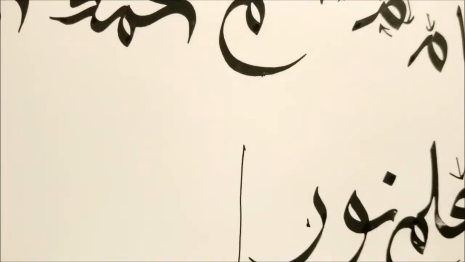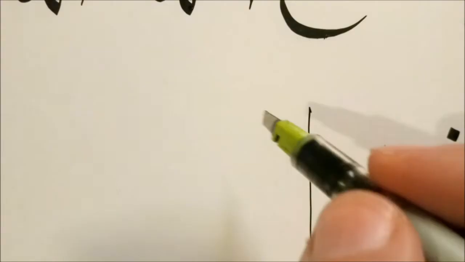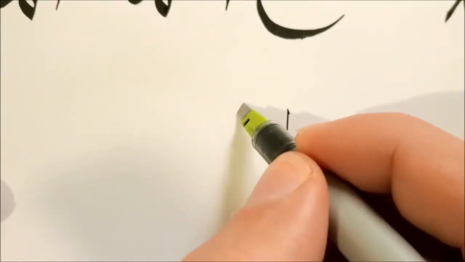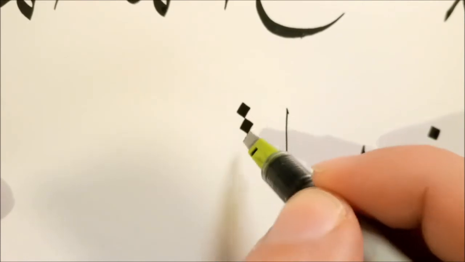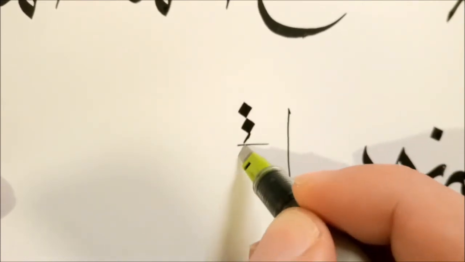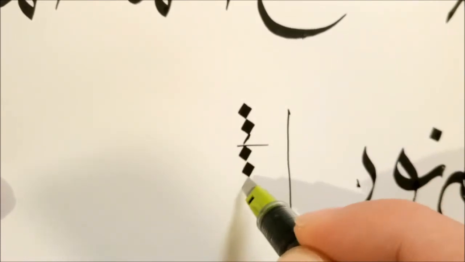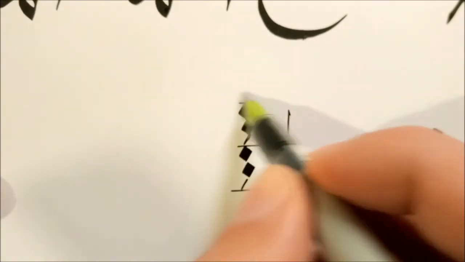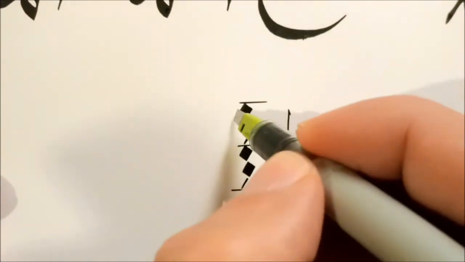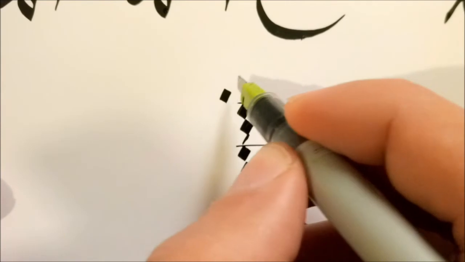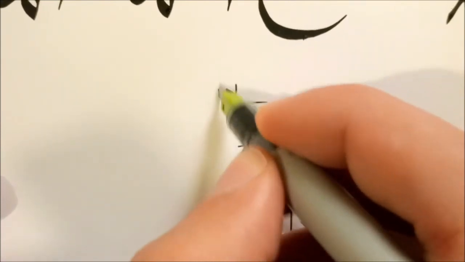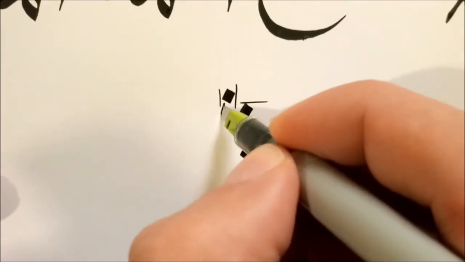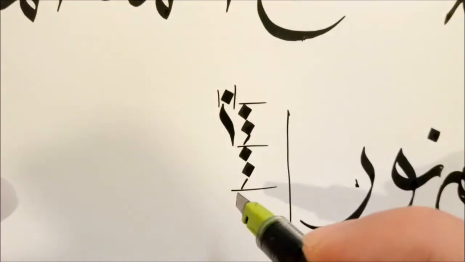Next, I'm going to talk about the noon briefly, because it's a simple letter. It's an important letter, but we've talked about it a lot before. For the noon, we have two points of scaling, the upper point and the lower point. The upper point is the first move, which goes like this.